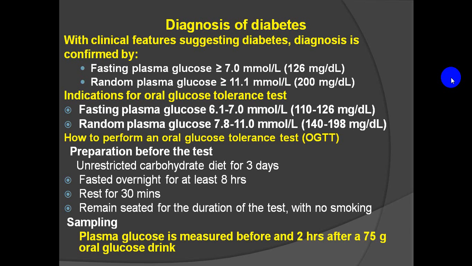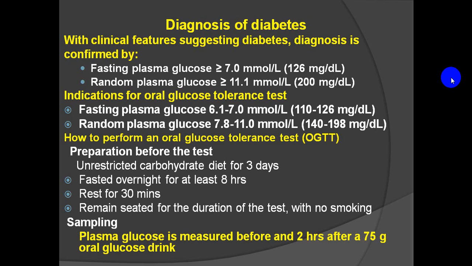For this test to be done, the patient should be prepared beforehand. The preparation includes, first, an unrestricted carbohydrate diet for 3 days before the test. The patient should fast overnight for at least 8 hours, as I have said. Rest for 30 minutes before the test is recommended.